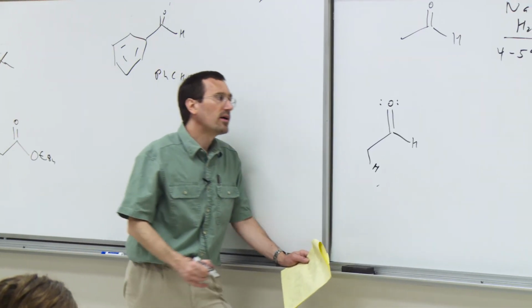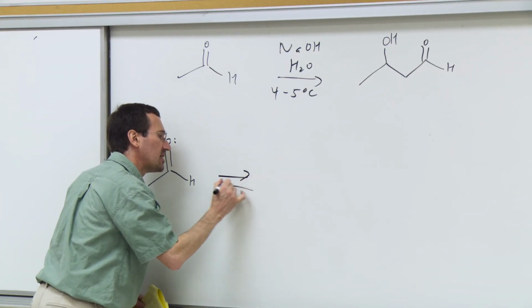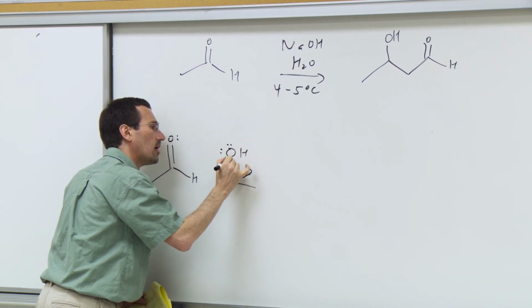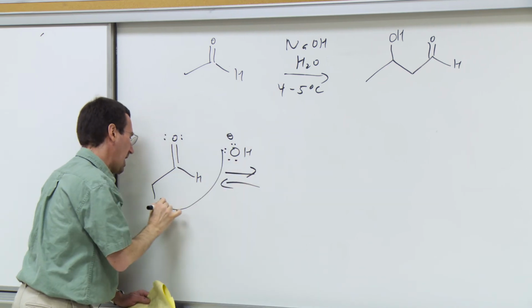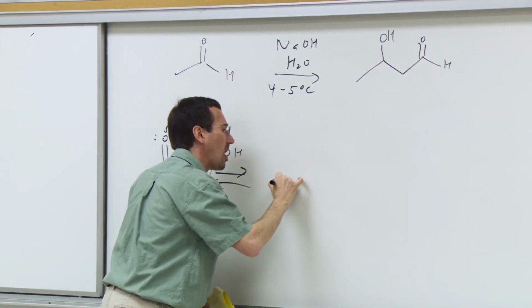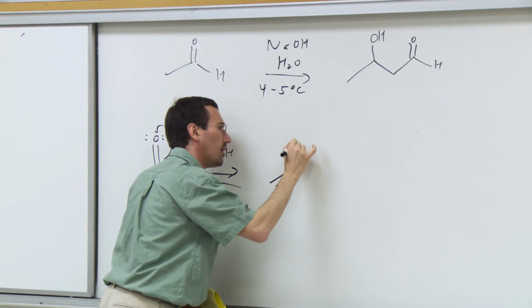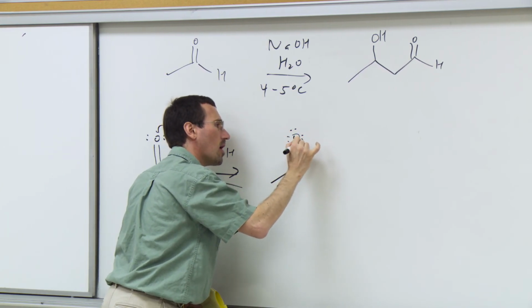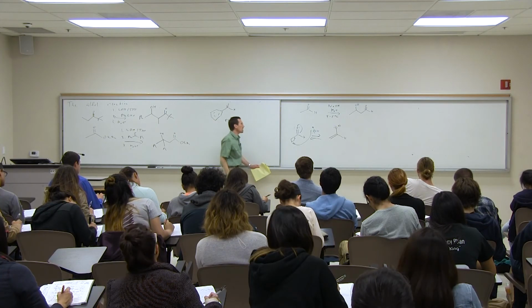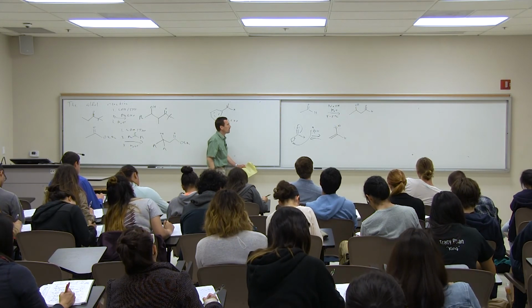And so we can think of this as equilibrium formation of the enolate, hydroxide pulls a proton off, and we generate the corresponding enolate, also a mole of water.